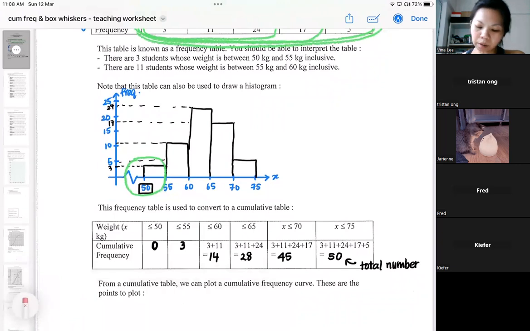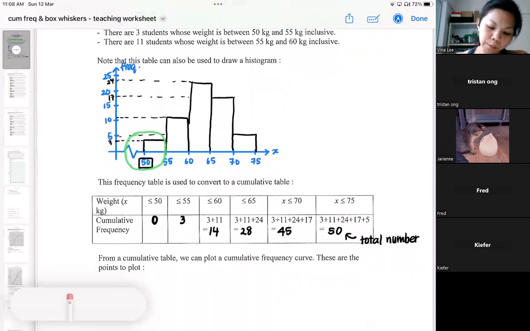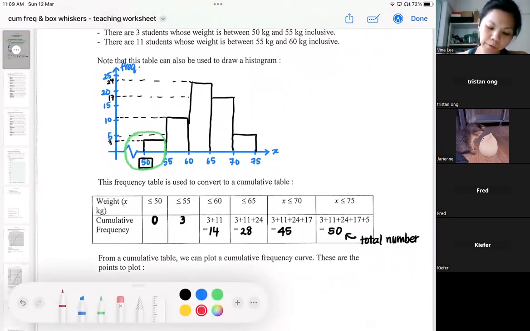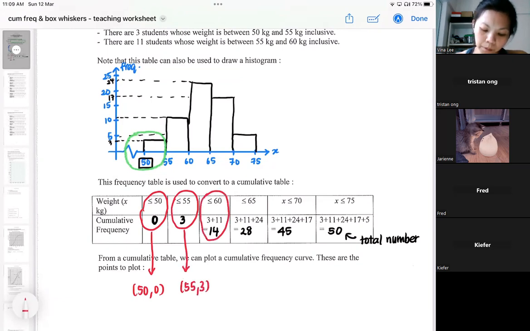Okay, so how will this become a curve? It will become a curve if I do it this way. If I see this as 50, 0, or I see this as 55, 3, all of this becomes a coordinate.